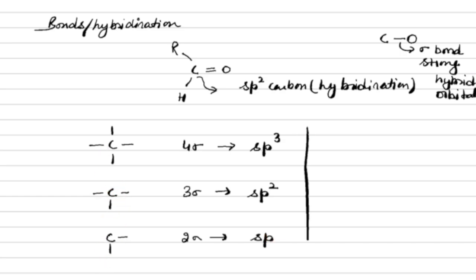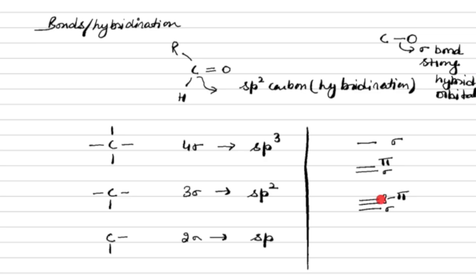For example, if there is one bond with the carbonyl carbon, we call it sigma. If there are two bonds, remember that one will be sigma and another will be pi. We will discuss what the pi bond looks like. And if carbon is making a triple bond, one will be a stronger sigma bond and the other two will be pi bonds.